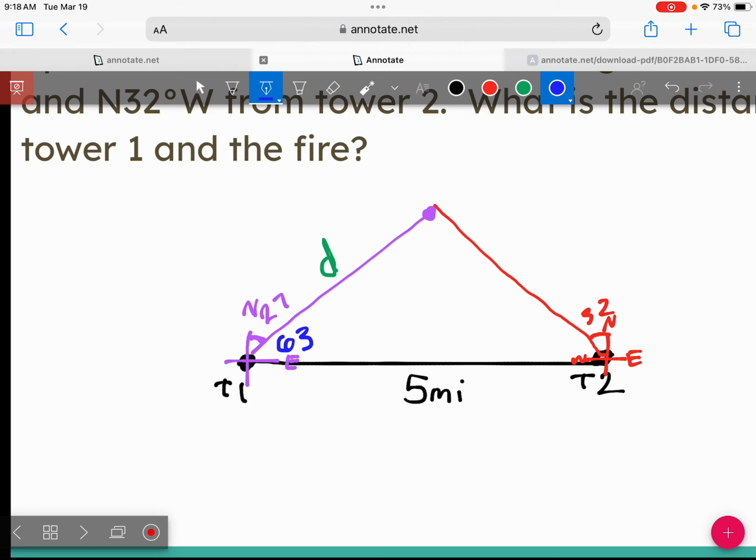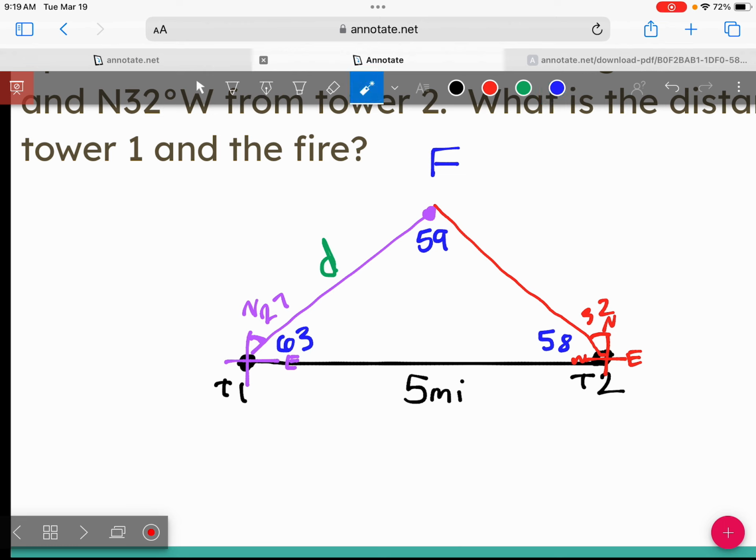How about for Tower 2? 58. Which means our top angle up here, I'm going to call this F, our fire angle. What is angle F's measurement? 59.